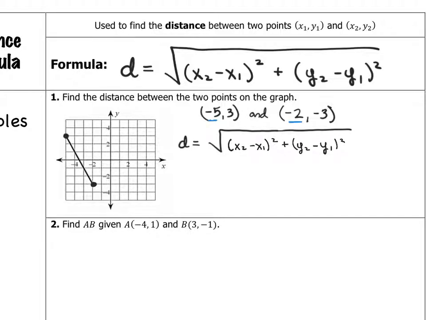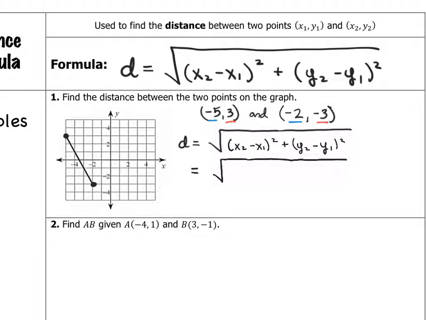Your y coordinates are 3 and -3. It doesn't matter which one is x sub 2 and x sub 1. It doesn't matter which one is y sub 2, y sub 1, as long as you know which are the y's and which are the x's. So if you remember using the slope formula last year in Algebra 1, the process of plugging in these values is very similar to that. It's just you're using a different formula.